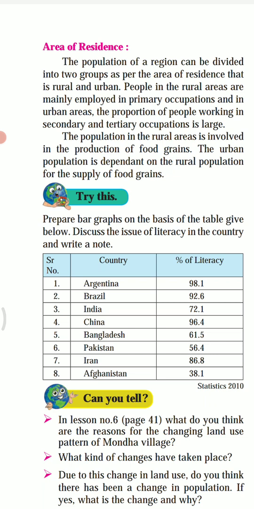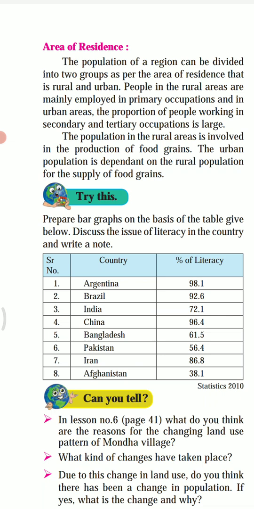So if you go through the table, you can come to know about the percentage of literacy of that particular country in the year 2010. Actually, the statistics given here were collected in 2010.